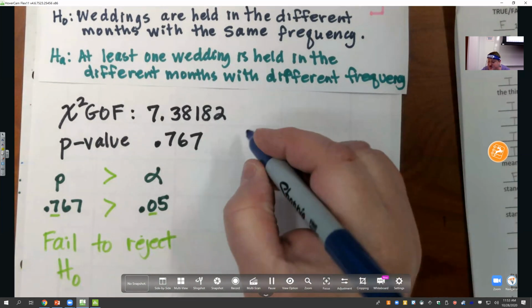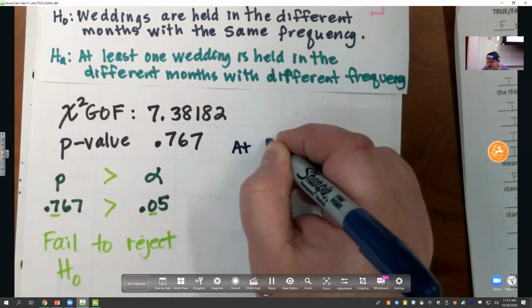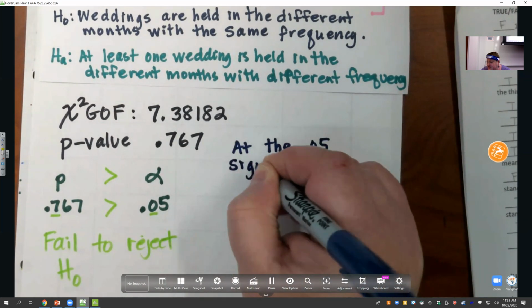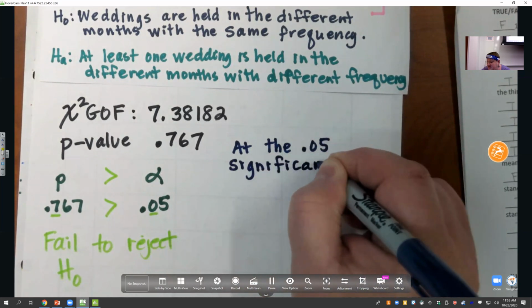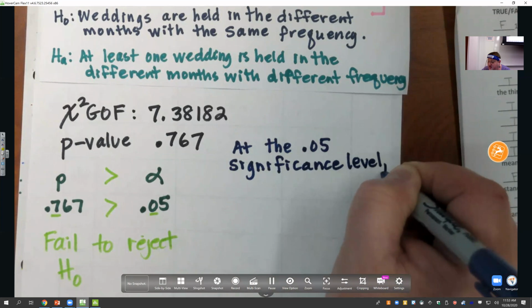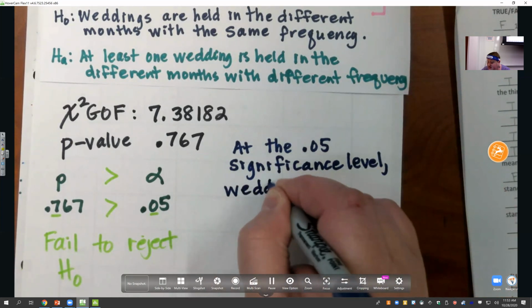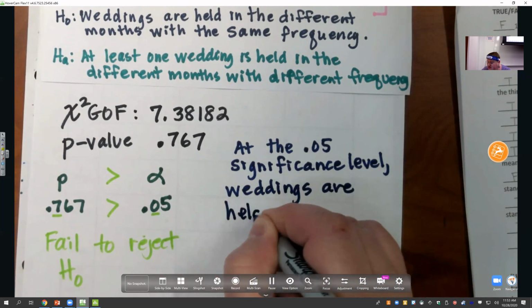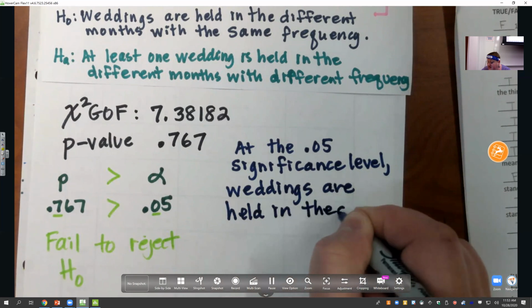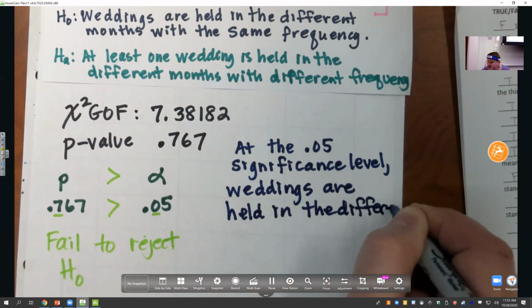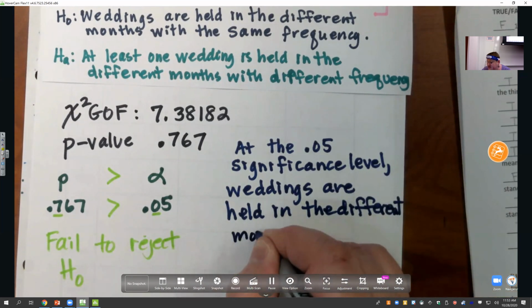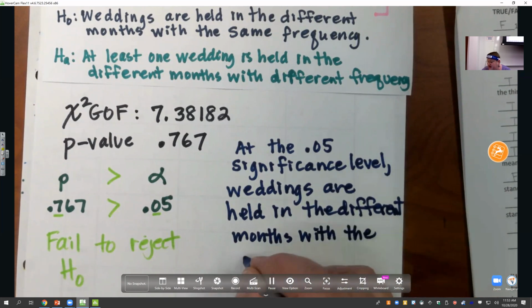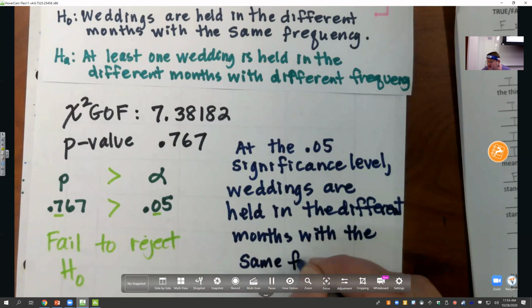And then the last step is to write your conclusion. So we would say at the 0.05 significance level, weddings are held in the different months with the same frequency.